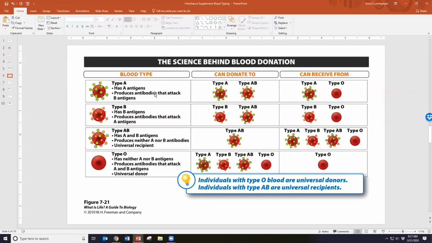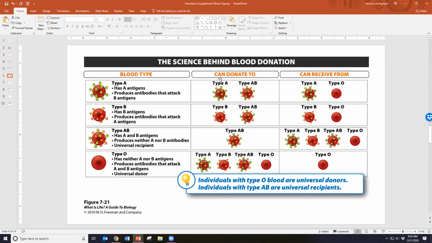Because they have antibodies that attack B, they can receive blood from a type A person, because they are type A. But they can also receive blood from a type O person because type O doesn't have B antigen either, right? So they can receive from both of these blood types.